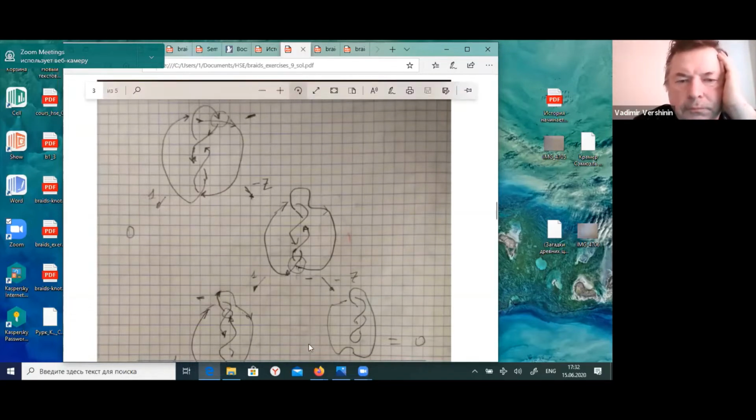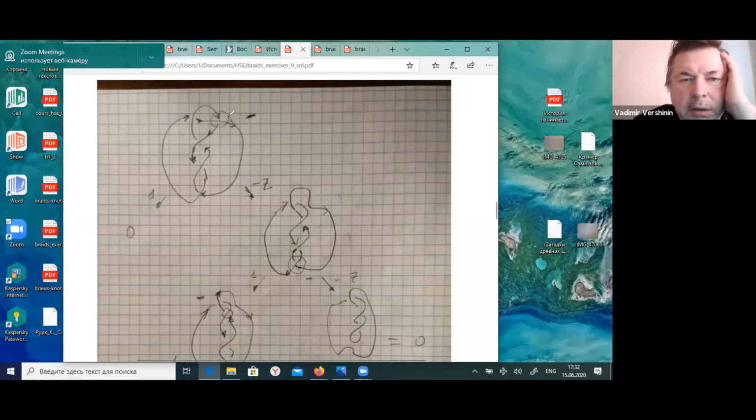So I consider this crossing. If you see on the screen, this is overcrossing, this is undercrossing. We are going in this direction. So this is a negative sign, right? And because of this, when we make resolution here, this goes 1 because they are the opposite sign.